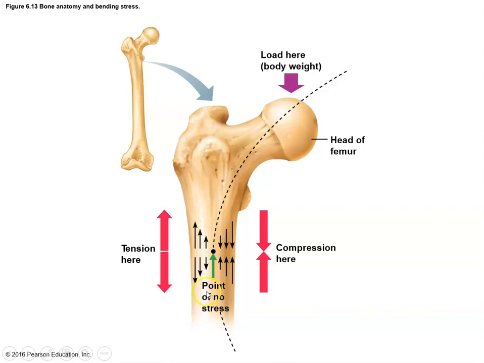So if we have the weight bearing here, but it's actually being applied out here, what we get is a twisting effect. So this dotted line here really is the direction that the force of the body is trying to make the femur go. We have stretching effect on the outside of the bone, compression effect on the inside of the bone here, but really the body is trying to take that femur and bend it into a C shape.